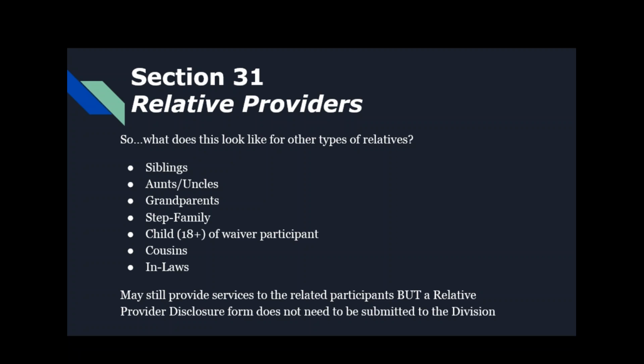Since the rollout of HEA 91 in 2011, the division does require all relatives to do a disclosure and safeguards and acknowledgments form to be on file with the division. The rules do not include the other types of relatives that are mentioned on this slide. Because the rule is silent on these types of relative providers, the division will not require a relative disclosure form to be completed for these types of relatives after December 31st, 2017.